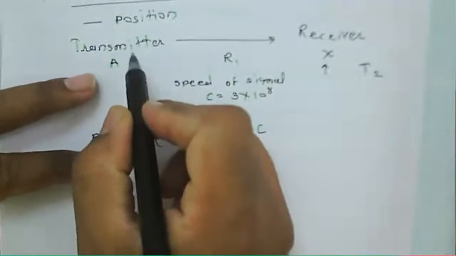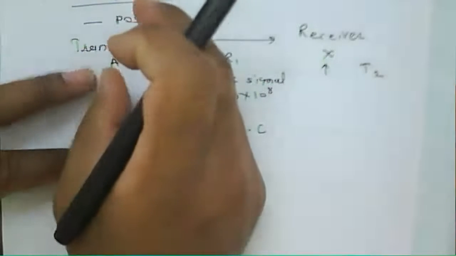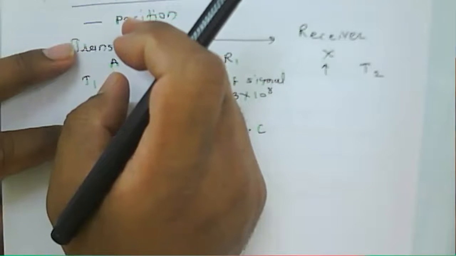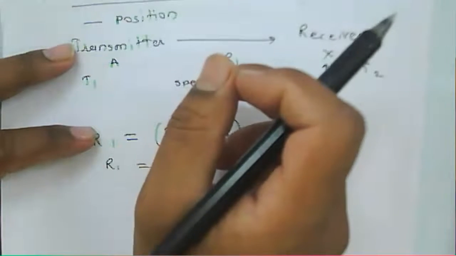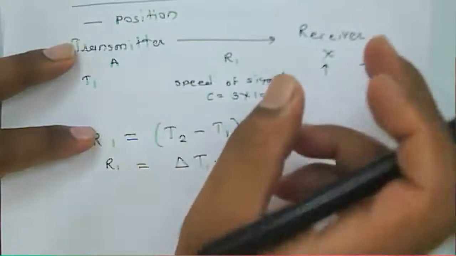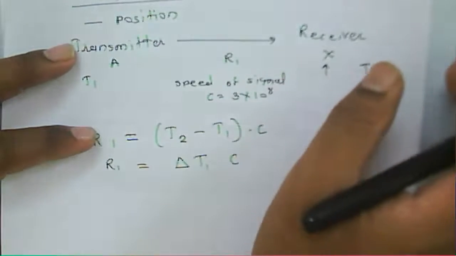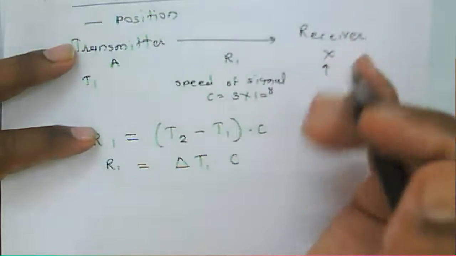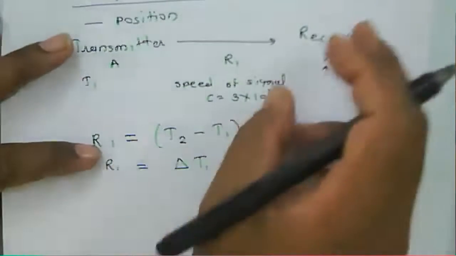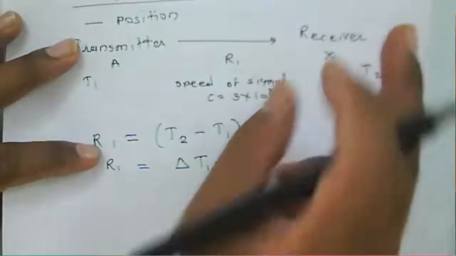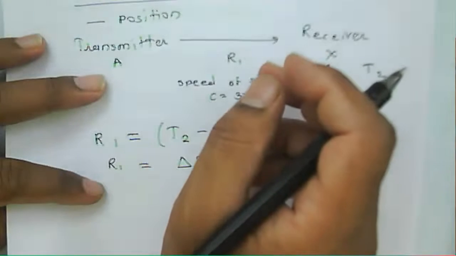In that case, we could not locate the position of the receiver on the map, because we should know where the position of the transmitter is, and that's why we don't know the exact location.